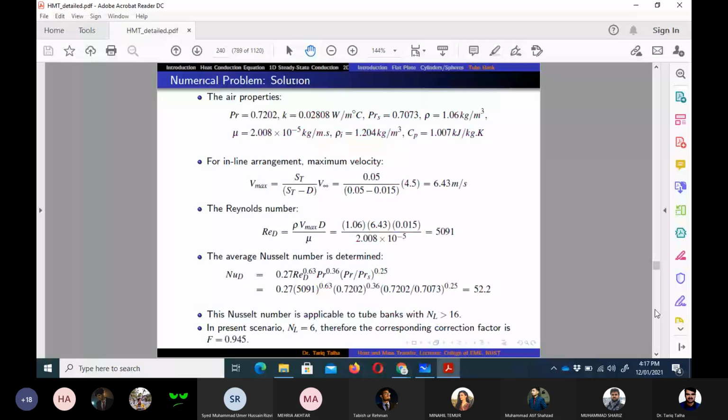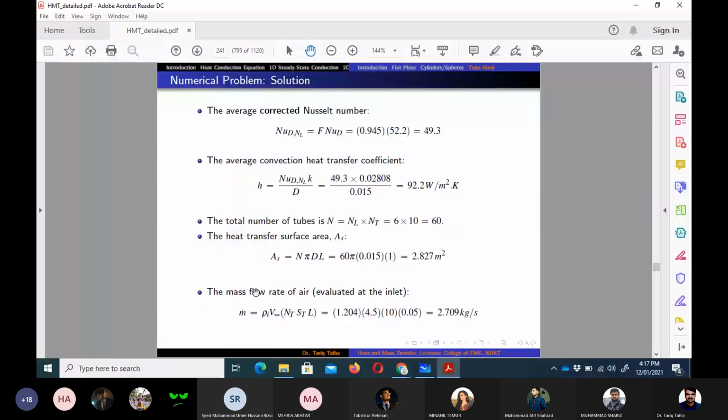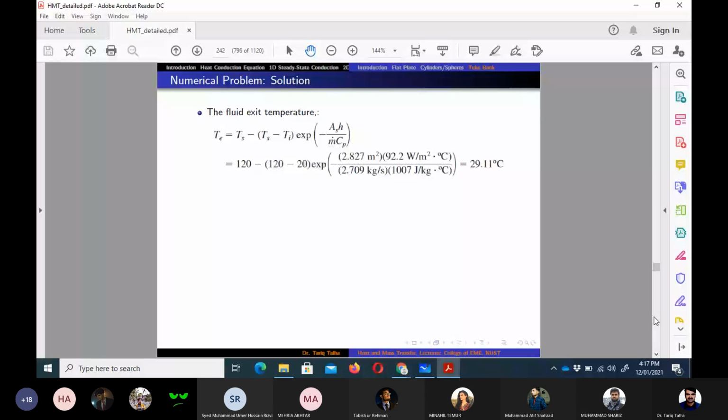So rho I is written here: rho I v infinity Nt St L. Rho I is the density at the inlet. So that comes out to be 2.709 kg per second. Now we have got m dot, and we can determine Te from the formula. If we put in the values, Ts is 120, Ti is 20, exponent As we have calculated, m dot is given, Cp is 1.007 kilojoule per kg, so it should be 1007 joule per kg centigrade.